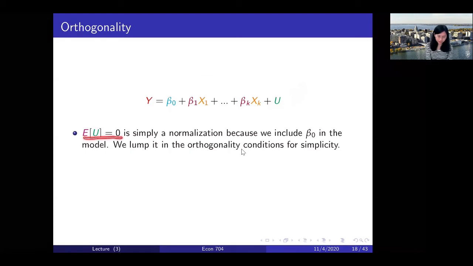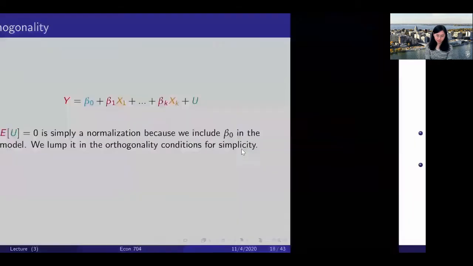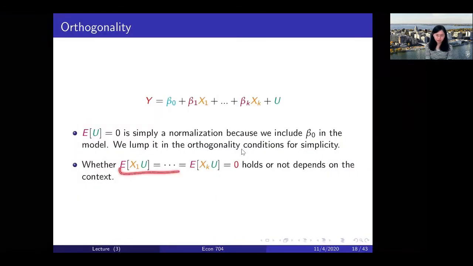So E[u] equals 0 is typically just a normalization, so it's not restrictive, but we lump it in the orthogonality condition for simplicity. But the rest of the orthogonality conditions are more substantive. Whether they hold or not depends on the context.